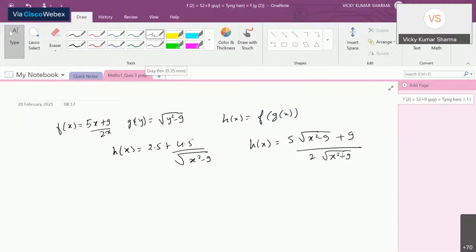So I removed that input value from g of x, and now my balance domain, or modified domain of g of x, is simply valid to h of x, which is the range of h of x.